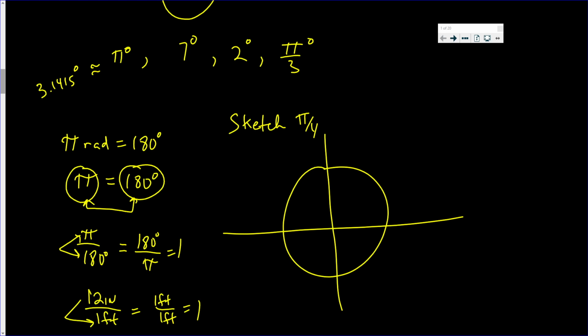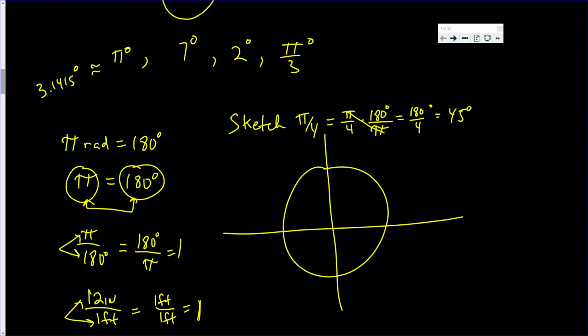If the top and the bottom are the same and they're not 0, the division is 1. So if I take pi over 4 and I multiply by 1, I want to convert it to degrees because we are more familiar with degrees. So I'm going to put the degrees on the top and the pi radians on the bottom. This will cancel out, and 180 over 4 is 45 degrees.